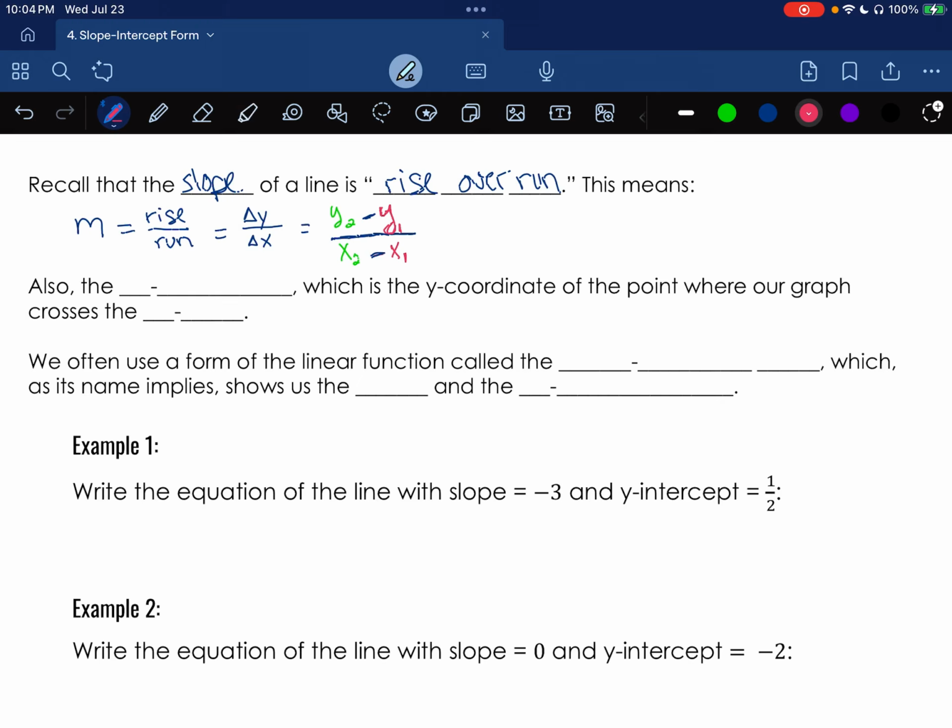All right, a couple more things to know about slope-intercept form. The y-intercept, which is the y-coordinate of the point where a graph crosses the y-axis.